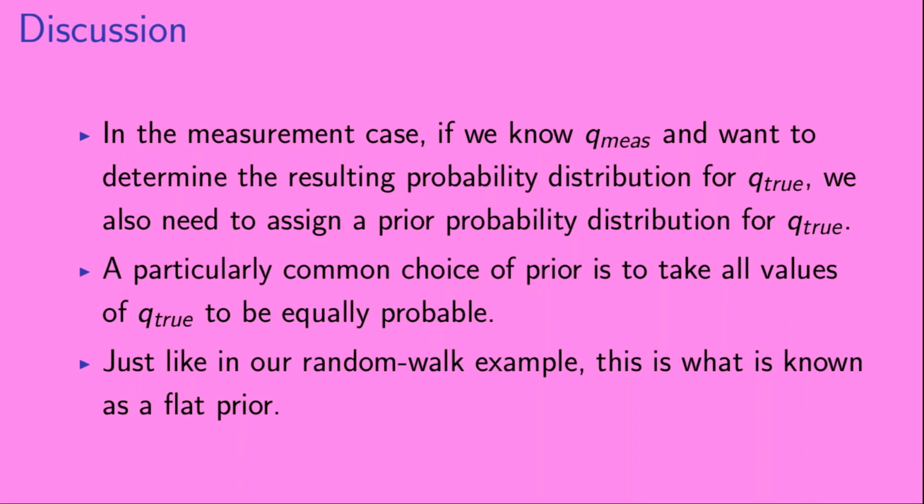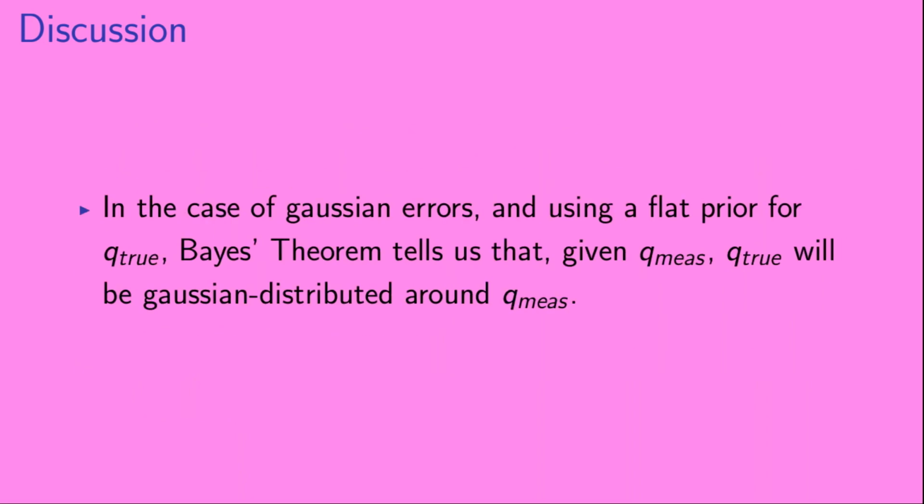Just like in our random walk example, this is what is known as a flat prior. In the case of Gaussian errors, and using a flat prior for Q true, Bayes' theorem tells us that given Q measured, Q true will be Gaussian distributed around Q measured.